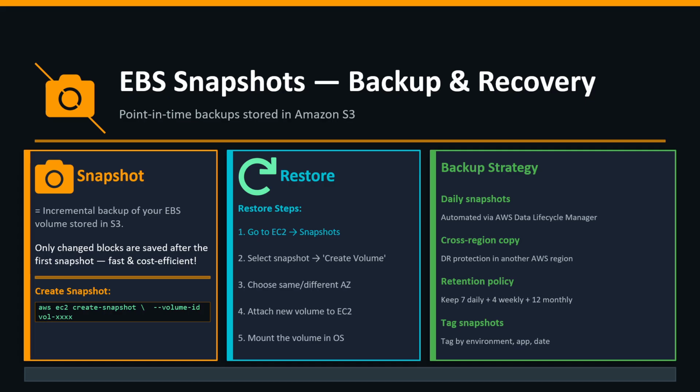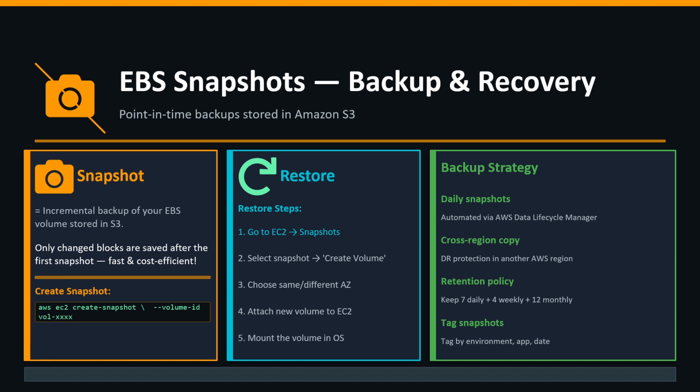That's why it takes an incremental backup of our EBS volume. Only changed blocks are saved after the first snapshot, so it's fast and cost effective, right? It does not store the complete snapshot again, only the changed data.